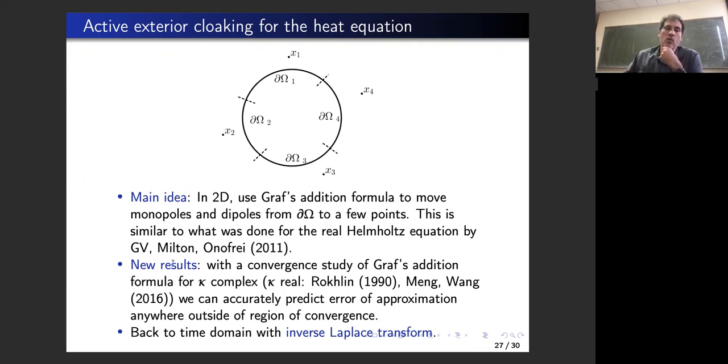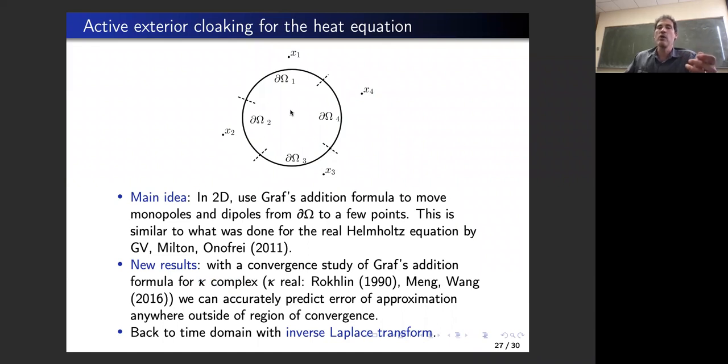So what we are working on is analyzing this Graf's addition formula, which is very well understood when it converges and all that, but we didn't find that many results when kappa was complex, so we ended up doing our own. With these results, we can actually predict how fast the convergence will be of whatever series we're using to approximate all the sources that we have here.